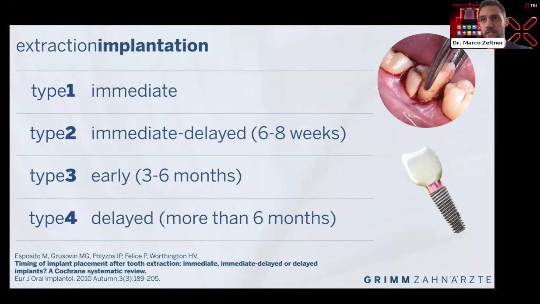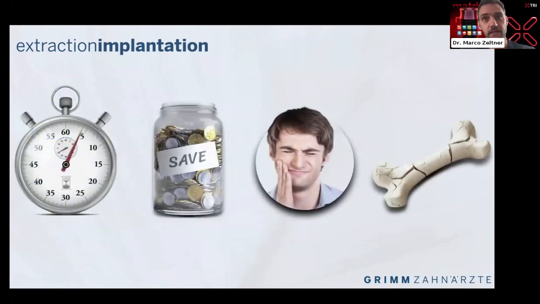And this was traditionally done in the last centuries. But to be honest, today I see a clear trend toward immediate implant placements. And I have to admit that I've jumped on that bandwagon too. And the question is why? Well, because I think that in certain situations, immediate implant placement offers clear benefits.